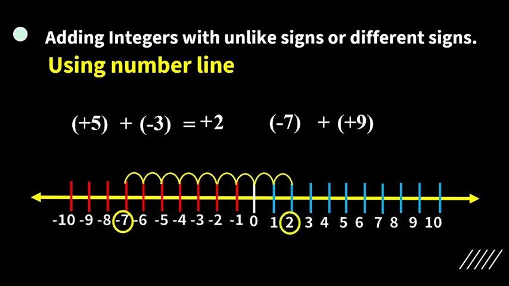There you go. We got positive 2. So, negative 7 plus positive 9 is equal to 2 or positive 2.